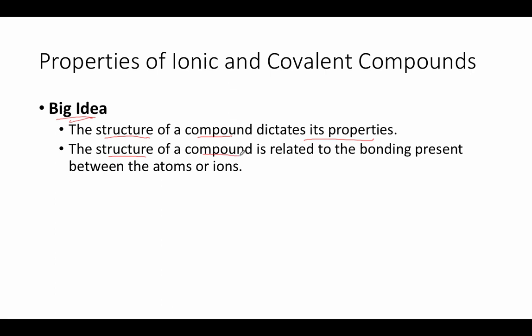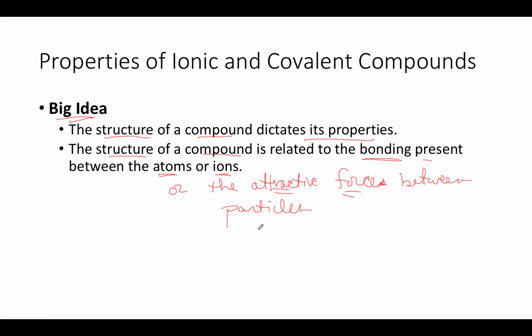And that structure is going to be related to the bonding that is present between either those atoms or ions, or we're going to write this, the attractive forces between particles. So that's going to cover some attractive forces that are not necessarily the bonds between those atoms.